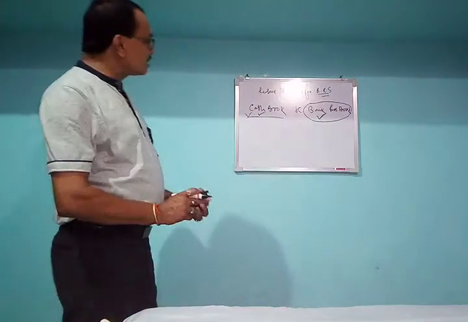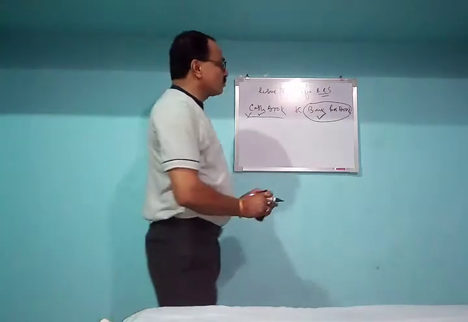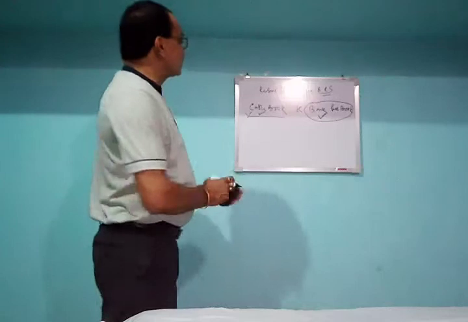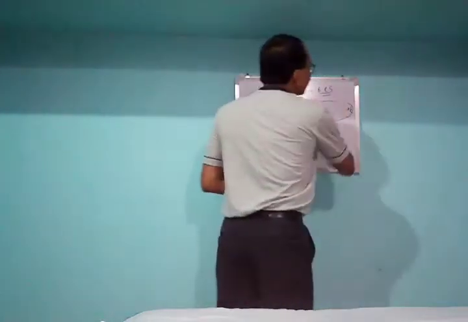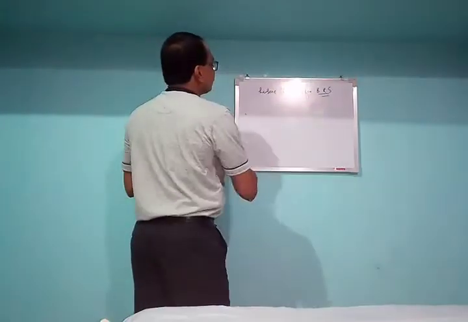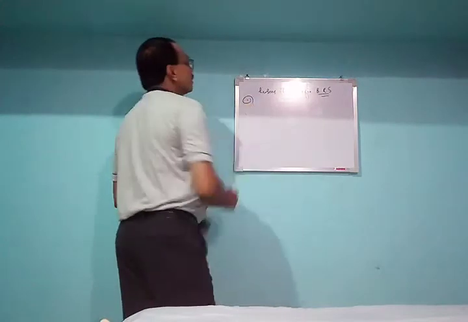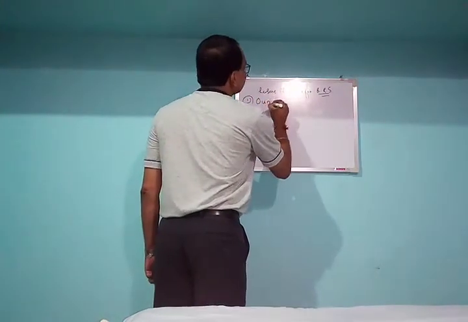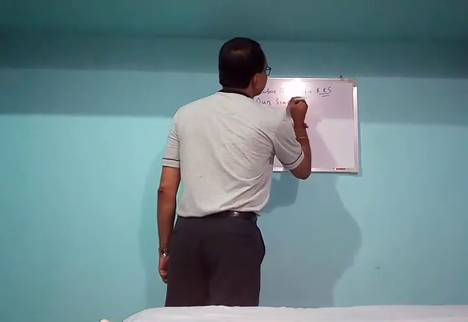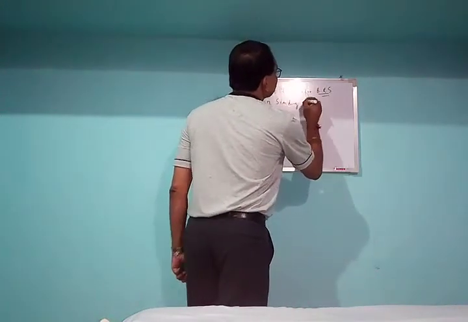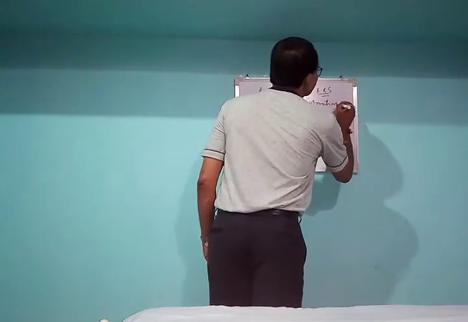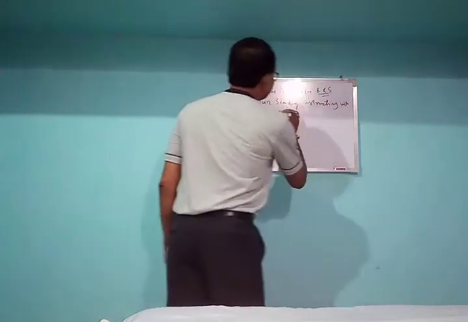And what are the reasons for which cash book and bank passbook do not tally or have certain discrepancies? Number one, our standing instruction with bank.